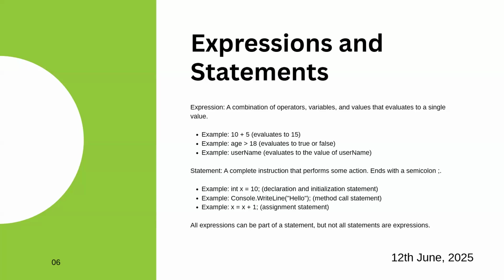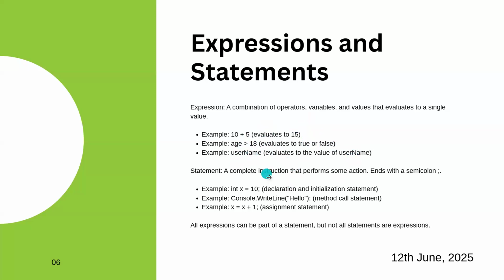Are we good? Hope you guys can hear me. An example is 10 plus 5 equals 15. That is an expression. Age greater than 18, which evaluates to true or false, is an expression.